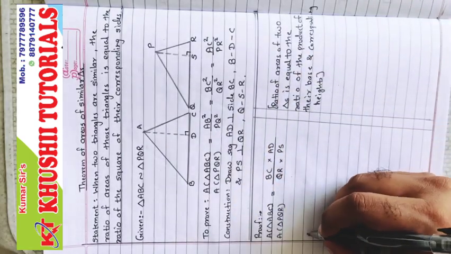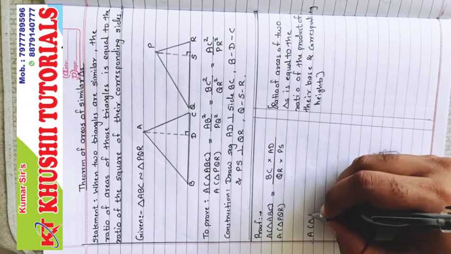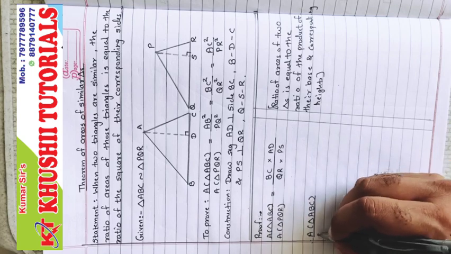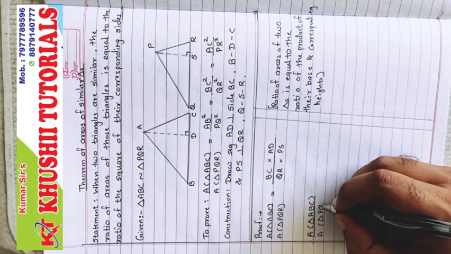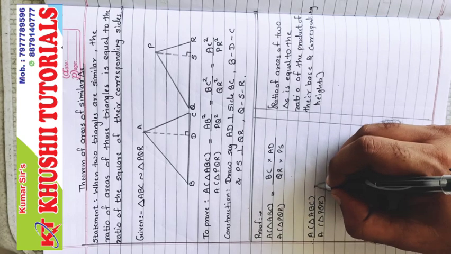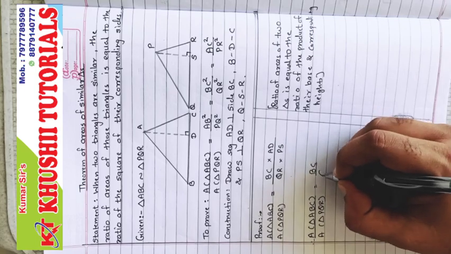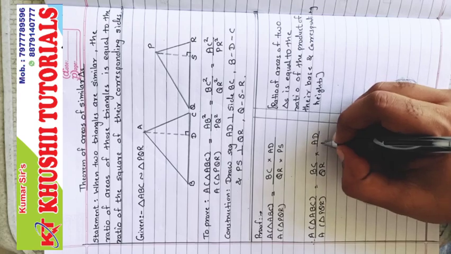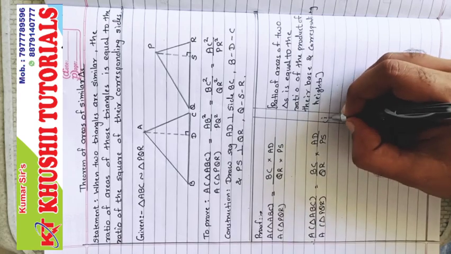That is, therefore area of triangle ABC upon area of triangle PQR equal to BC upon QR into AD upon PS. We will mark this as 1.